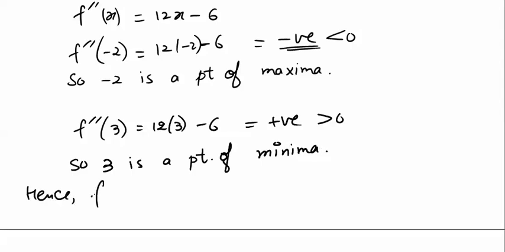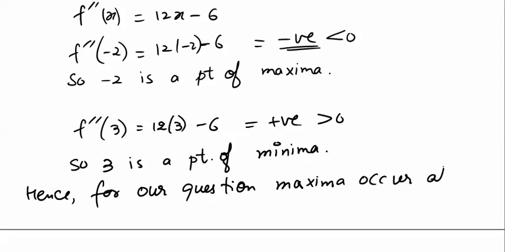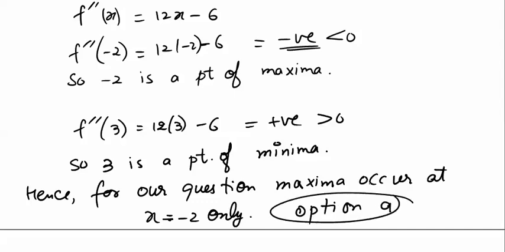Hence, for our question, maxima occurs at x equals -2 only. That is option E. That's your answer. Clear? Understood?